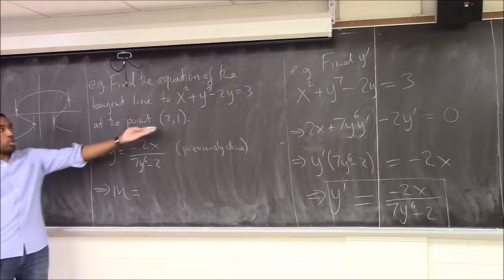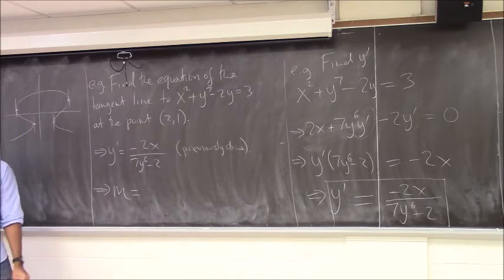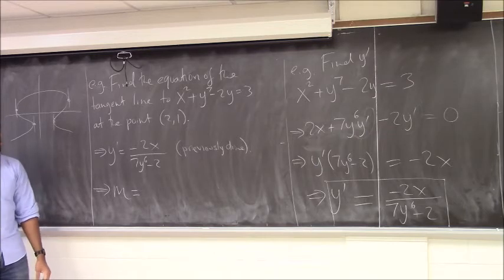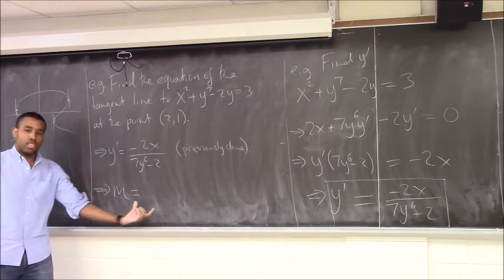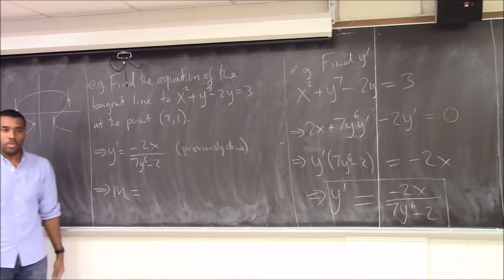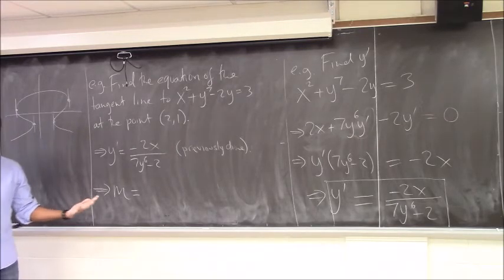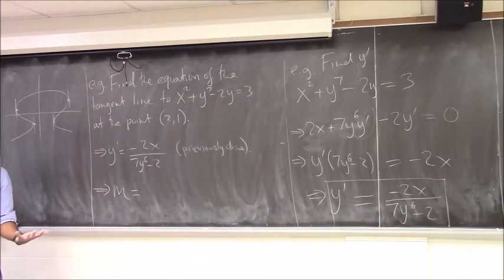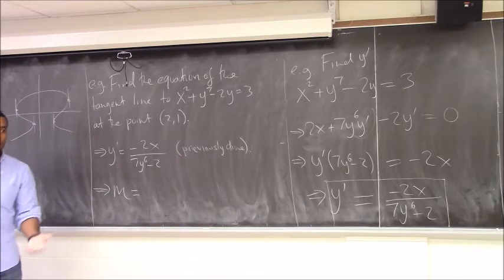How do I figure out the slope at that point? Yeah? Just plug in x and y. Plug that point into the derivative. That's how you find the slope at a specific point. The derivative gives you a formula for the slope of the tangent line. If you want to find the slope at a specific point, plug in the numbers for that point.